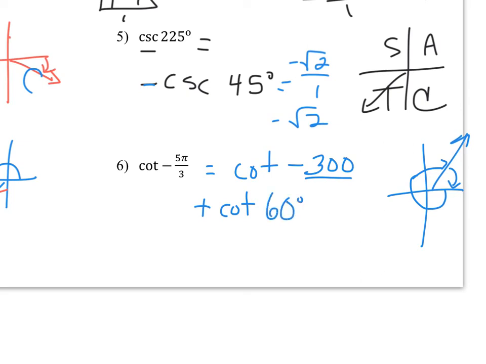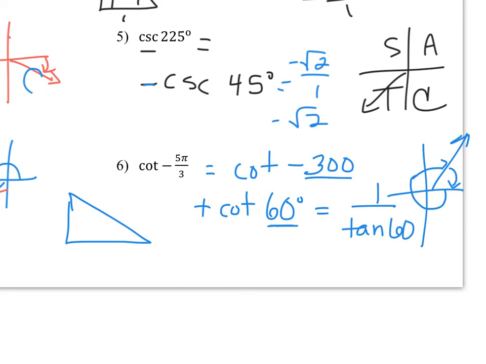Remember, the reference angles are always positive and acute. And then we just do the same thing. The reference angle is 60. So if I look at my 60, you could do this as 1 over the tangent of 60. Absolutely acceptable. Might have some rationalizing to do there.